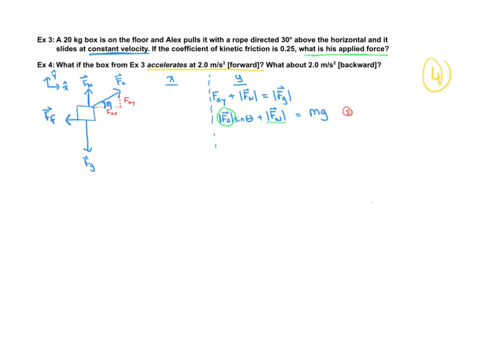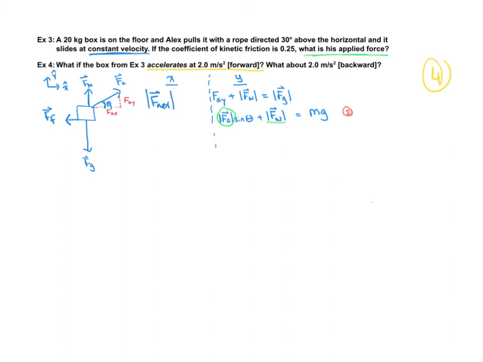Okay, so what equation can I write in the x direction then? Well, I can write Newton's second law because it's accelerating in the x direction. Okay, so I'm going to say that F net, the net force, I'll do this in terms of magnitude since there's only 2.